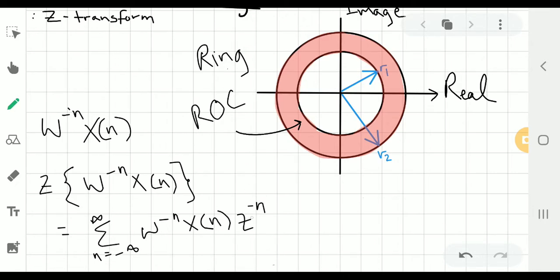So we get this additional z to the minus n when we do the Z transform of this function. Again, remember that w is a constant, so it's more of a scaling factor.